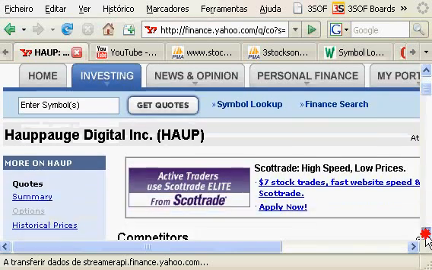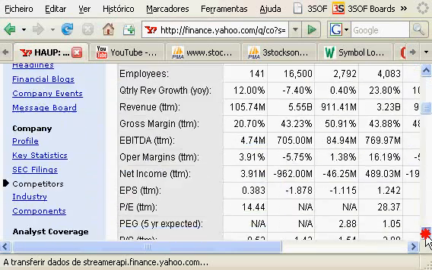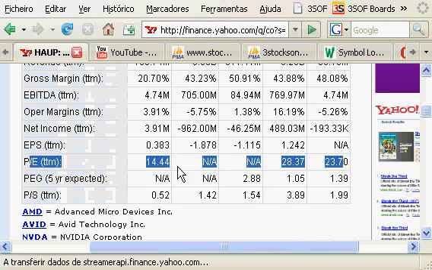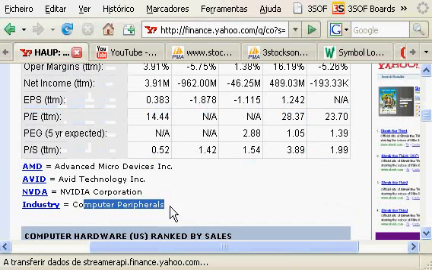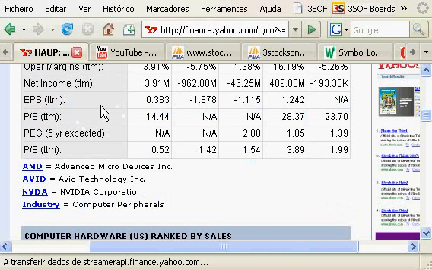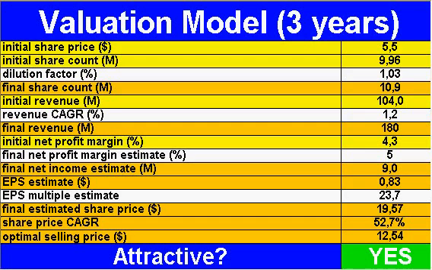Yes, let's look here. 23.7 is the computer peripherals industry average. The problem is the market maybe won't need these companies' peripherals anymore in the future. That's why the stock has been going down.